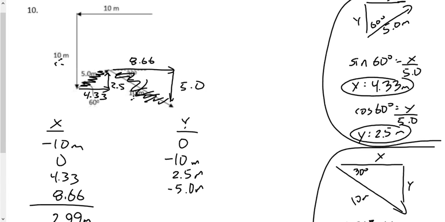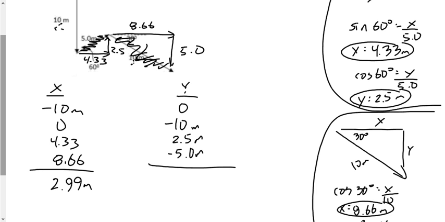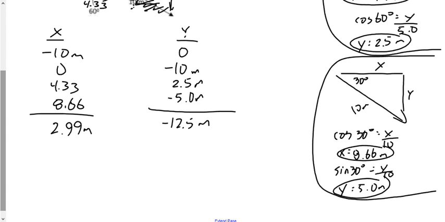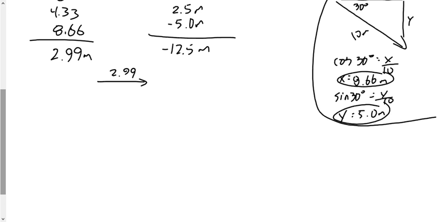So we add these up. This one's easier to add mathematically. It gives me -12.5. Right? And now we're just going to redraw this. 2.99. 12.5 goes down.